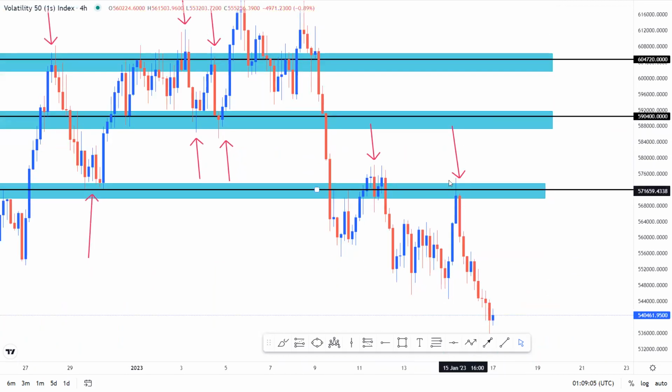Starting out from this level, you can clearly see price came into this key level. What did you get to see? You get to see the bearish engulfing from the level, which is my confirmation or my entry signal to go short from the level.